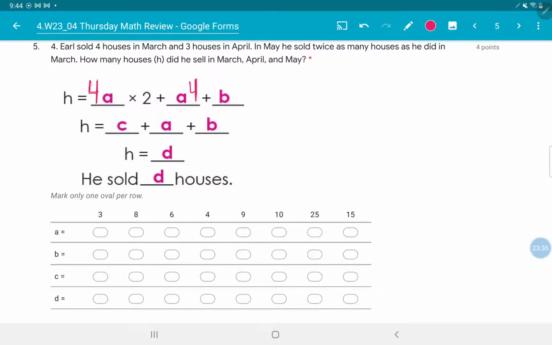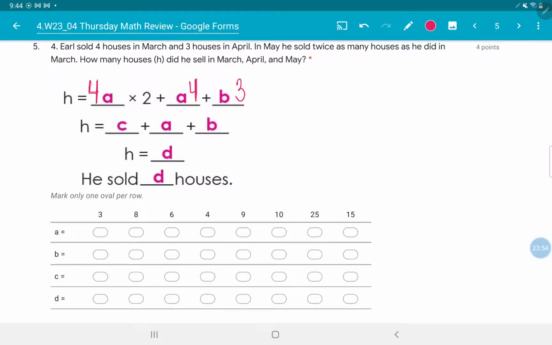What is B equal to, Ansley? 3. Very good. So we've got 4, 4, and 3. Now we're ready to go to the next step.